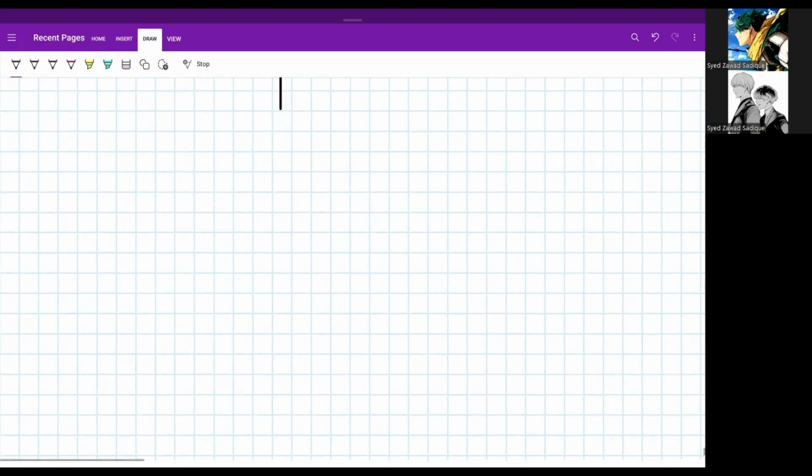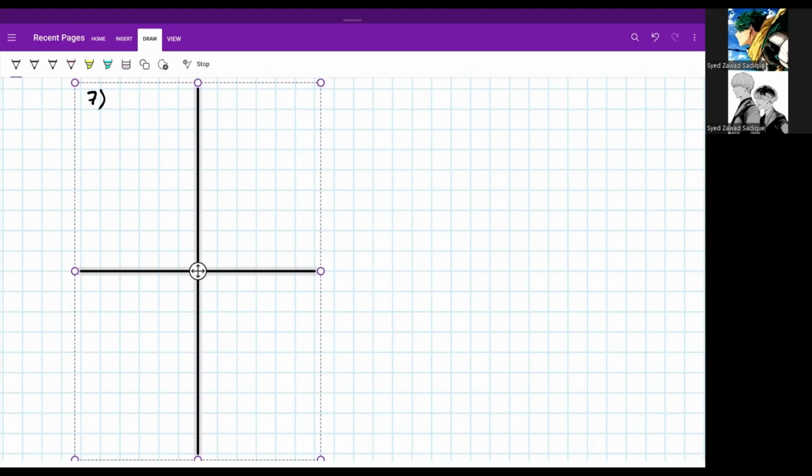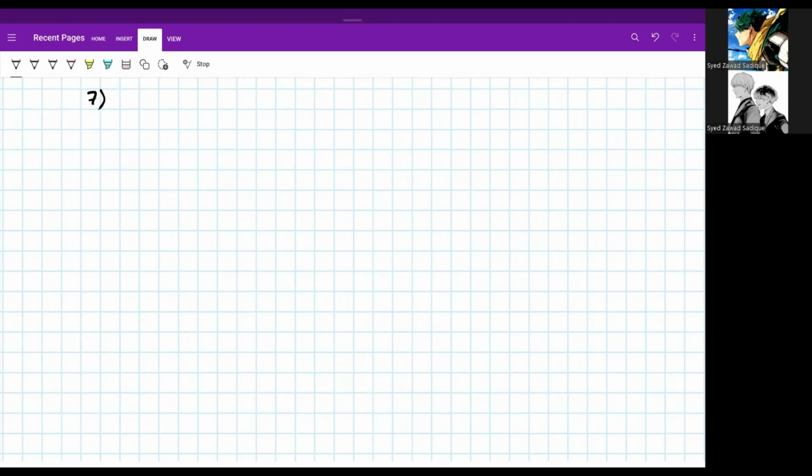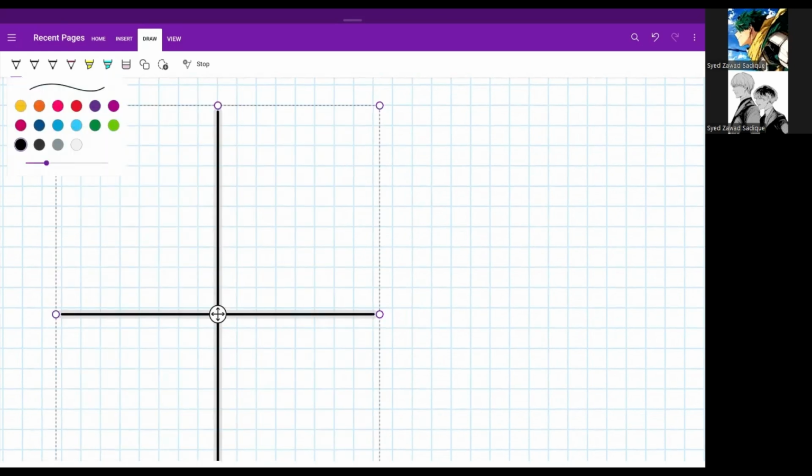Then we have number 7, which is, okay, this is the inverse graph. Okay, so this is, sometimes I don't understand how this tablet works.